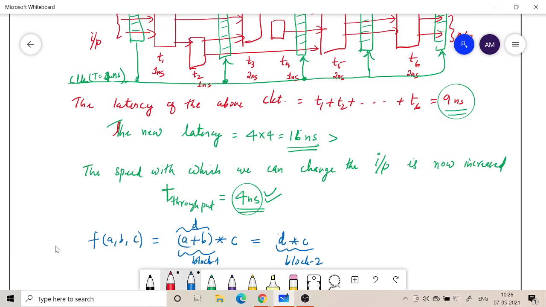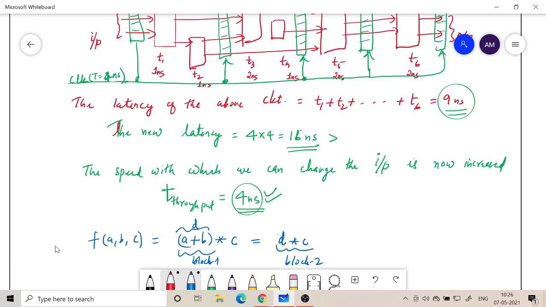So if it is pipelined, what is going to happen is that after one computation is done, we will change the input, and then we have to repeat the computation. Okay, that's what we do in a for loop or such kind of programming construct. We repeat the same thing again and again with different inputs. So we give the first numbers a1, b1, c1, and the first block will perform a1 plus b1.